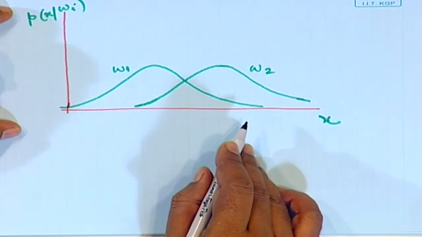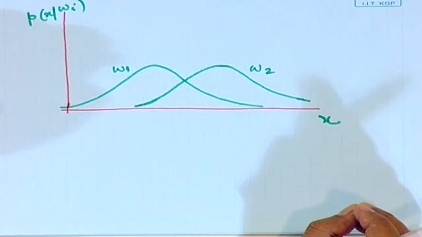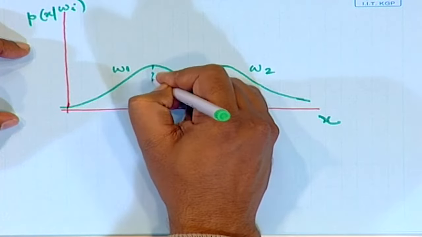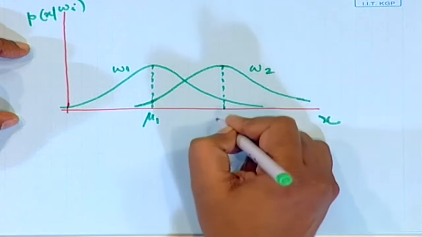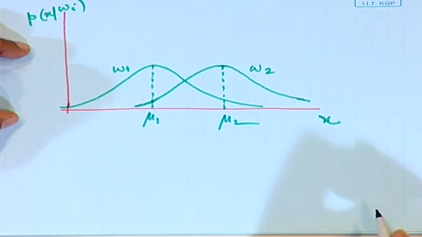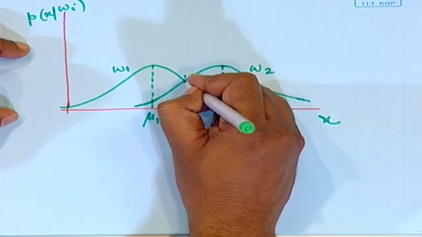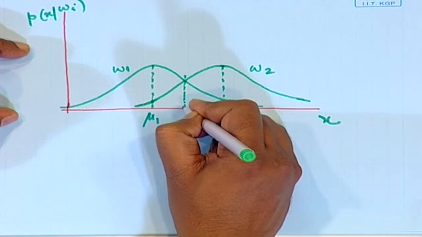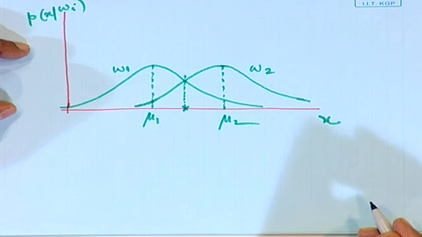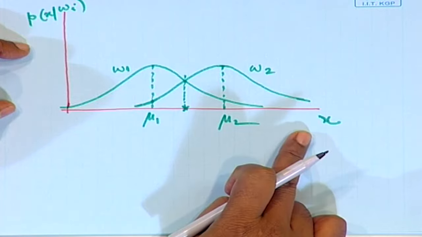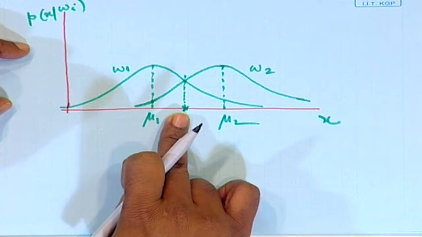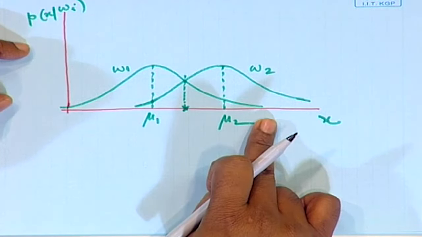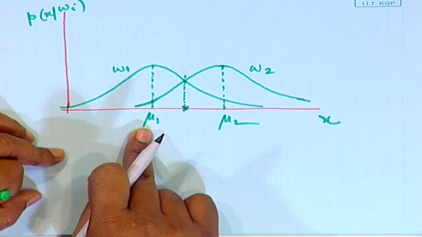So if the a priori probabilities P(ω_1) and P(ω_2) are the same, and this is what is my μ_1 and this is μ_2, then my decision surface will be at the middle. If P(ω_1) is more than P(ω_2), then the decision surface will be pushed towards ω_2, that is away from μ_1.